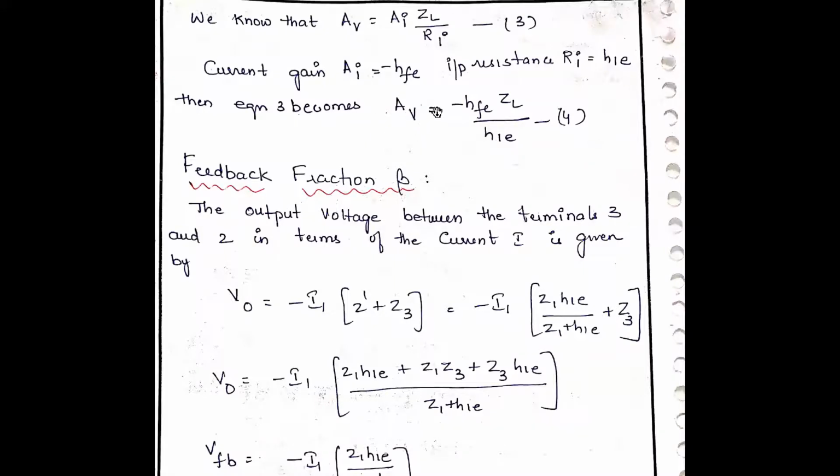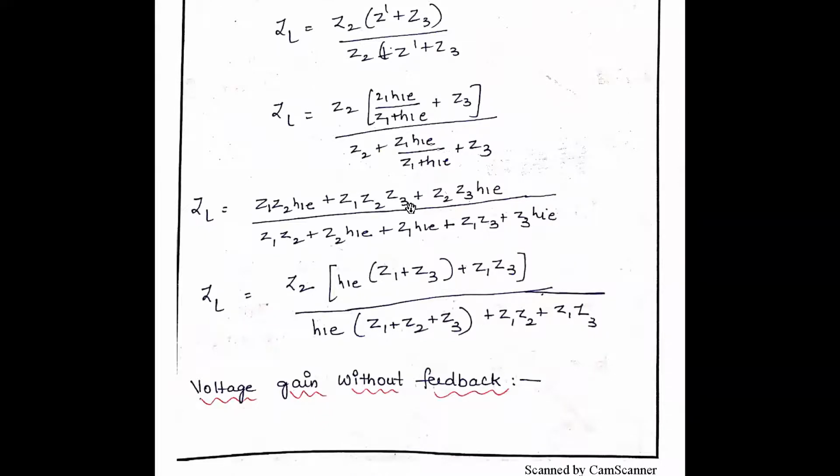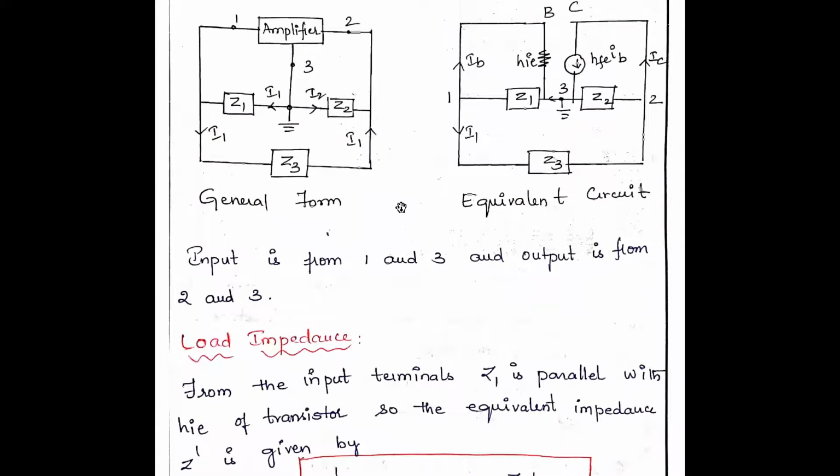Already we got A, so the next target is to find beta. Beta is nothing but the feedback voltage divided by the output voltage.